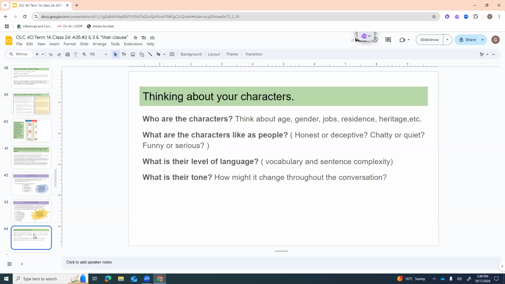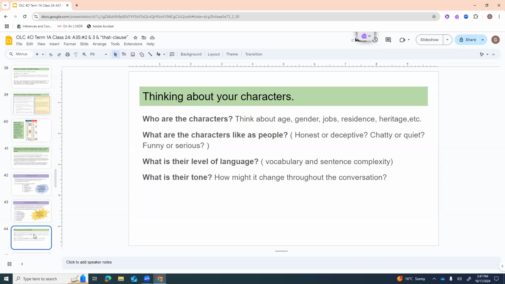And if you have an adult talking to a child, the adult might be using really high vocabulary and complex sentences, and the child might be using very simple vocabulary and very simple basic sentences. And that's part of you getting across their age and differences, right?